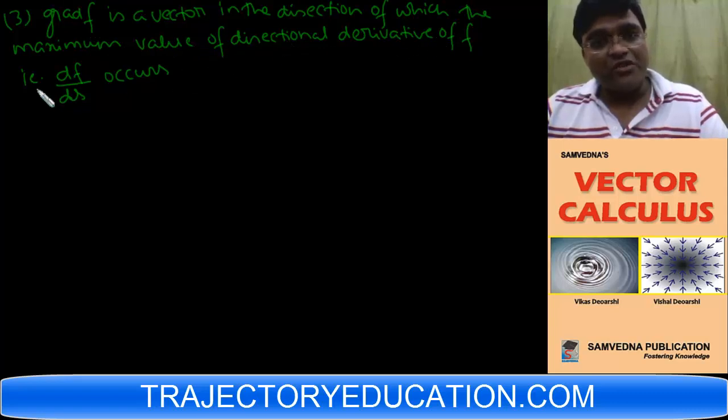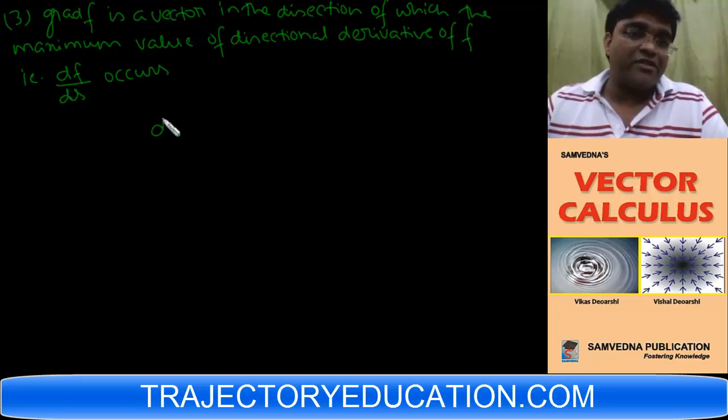Del f, the gradient of f, is a vector in the direction of which the maximum value of the directional derivative of f occurs. See, df by ds is nothing but del f dot a, right?